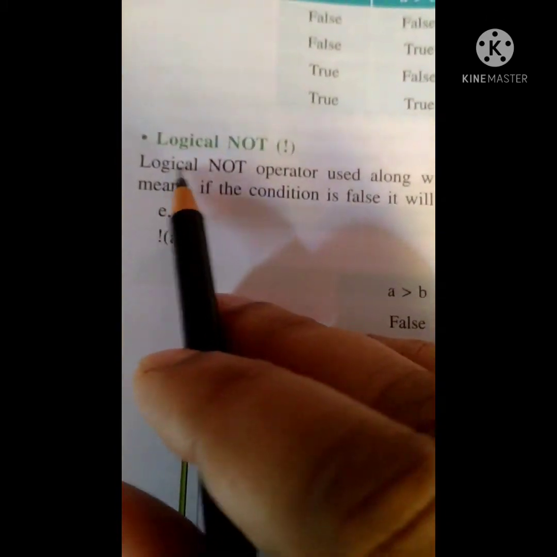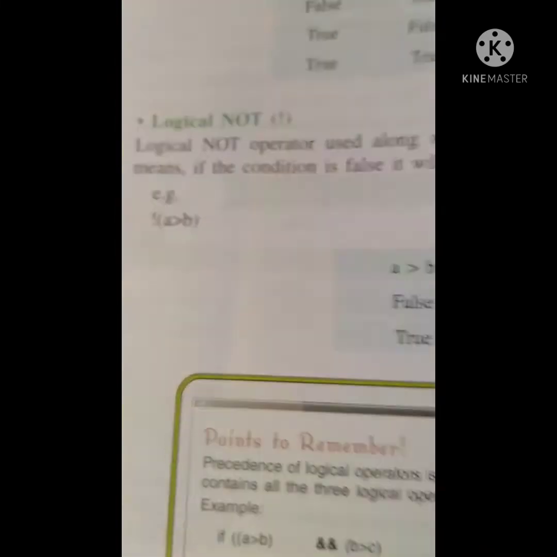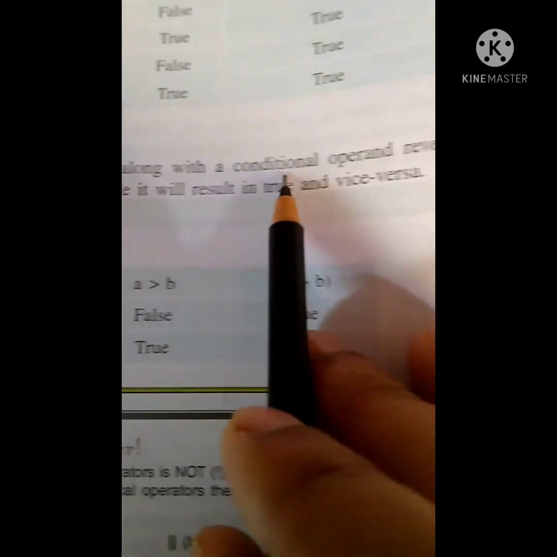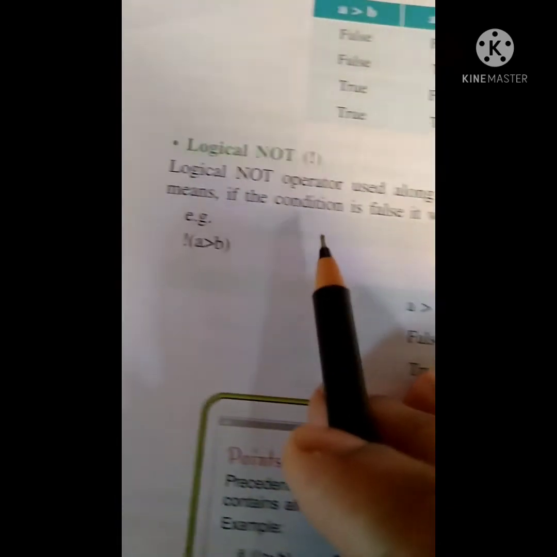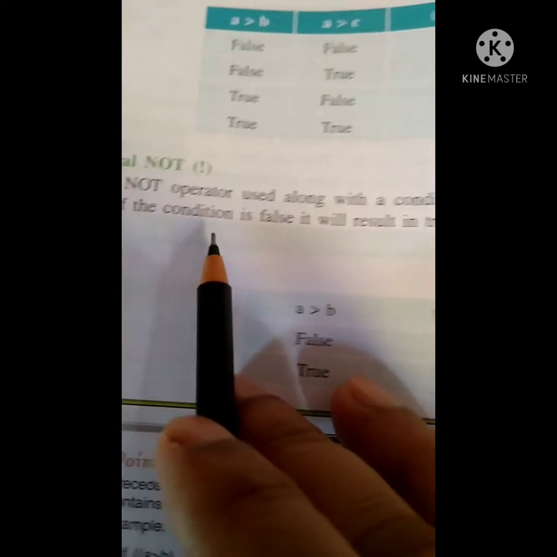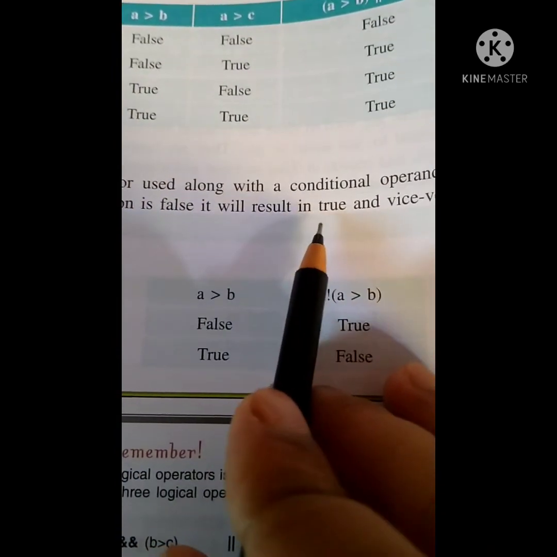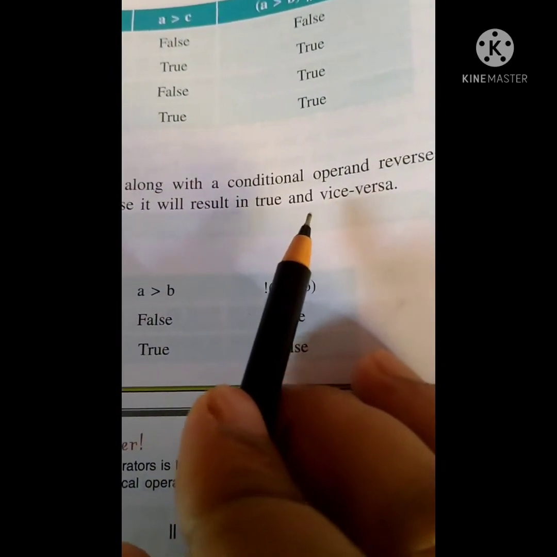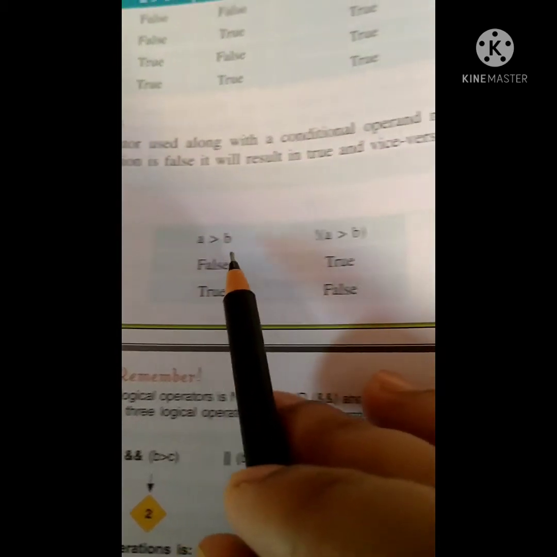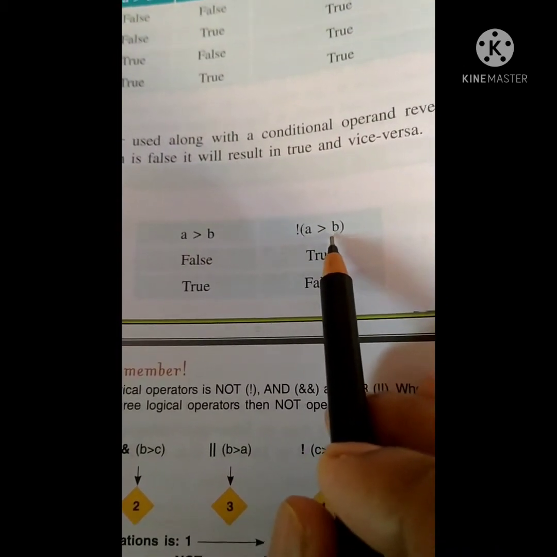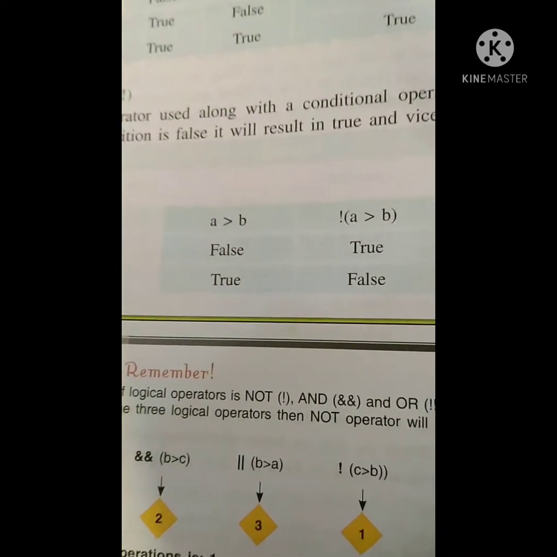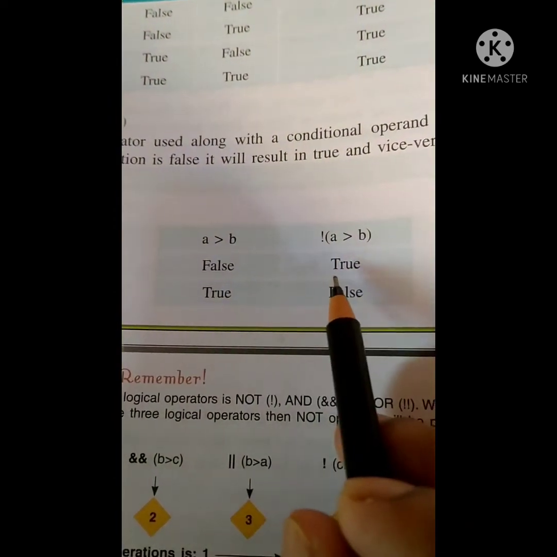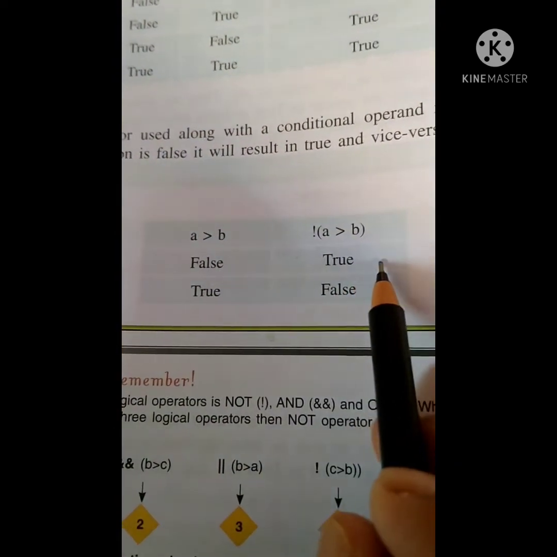The NOT operator is used along with a conditional operand and reverses the result. It means if the condition is false, it will result in true and vice versa. For example, NOT of A greater than B. If A is not greater than B, then it is false, and NOT makes it true.